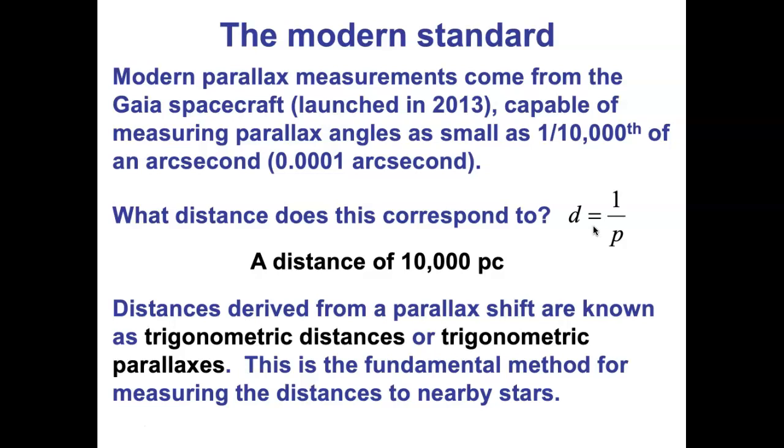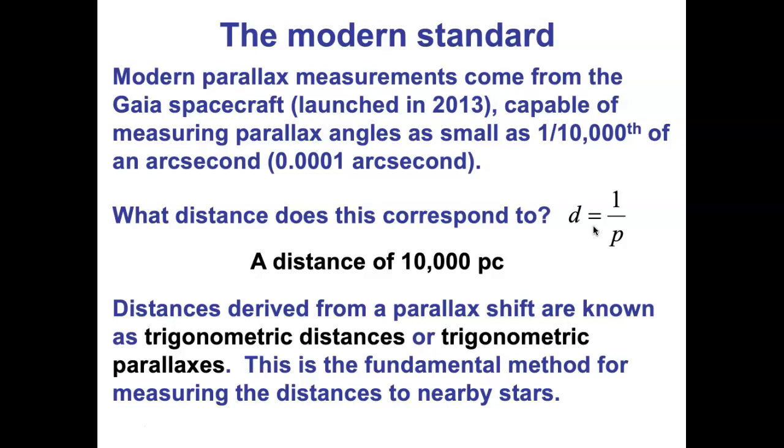It is an awesome data set. 10,000 parsecs is a third of the distance across the galaxy, right? We've got the distances and the parallaxes of literally over 1 billion stars. And all you've got to do is go on the Gaia website and look it up.